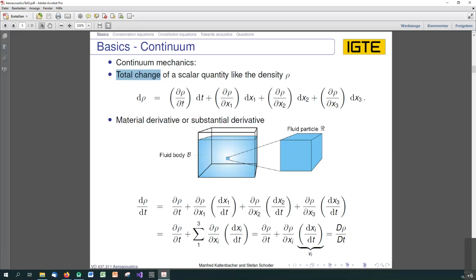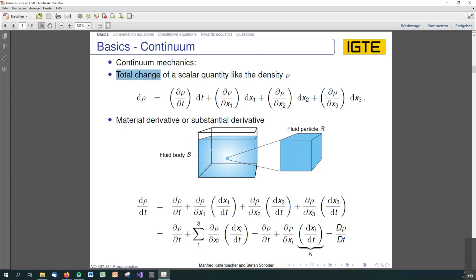The parameters here are the time and the space coordinates. And this is how we define a total change of a scalar quantity. You can also define this total change of other tensor quantities. It's very similar and just straightforward.